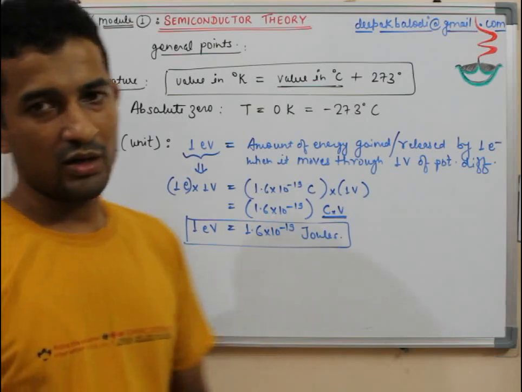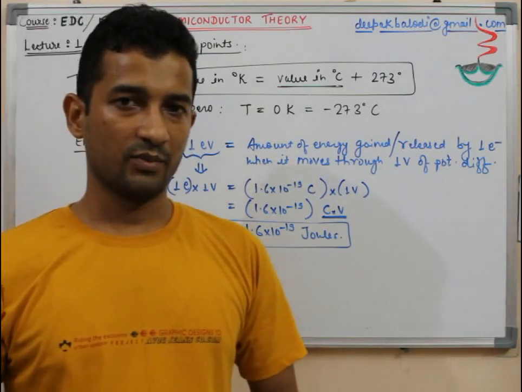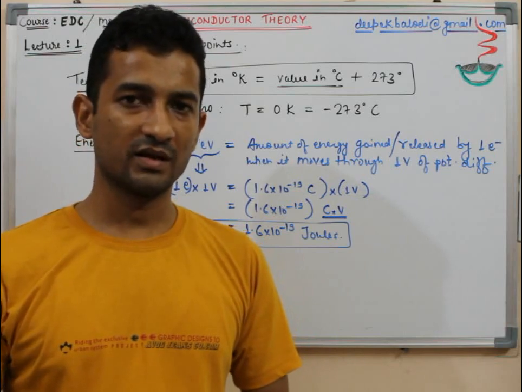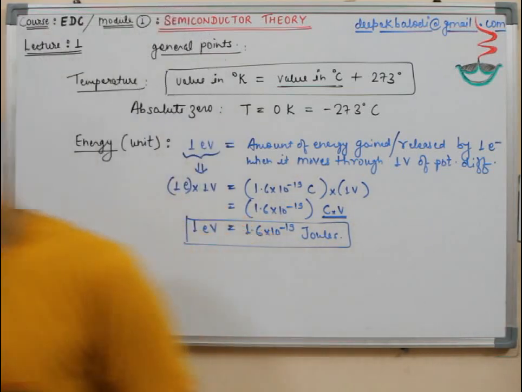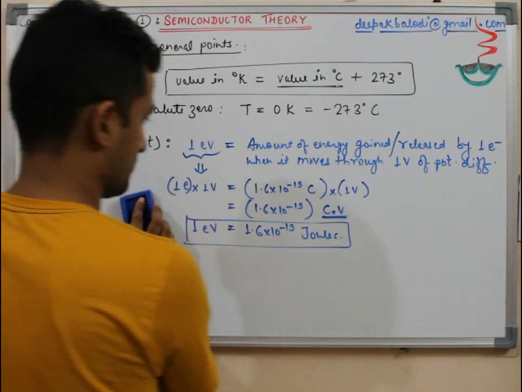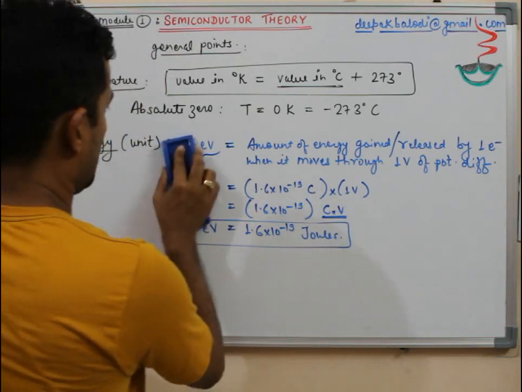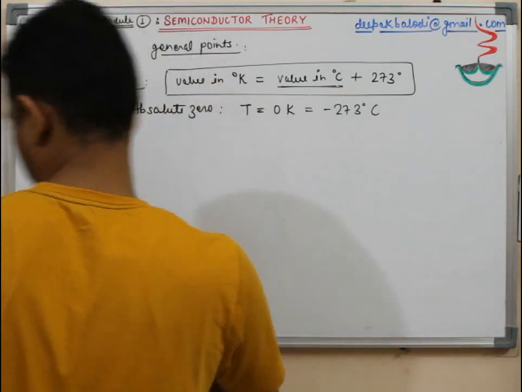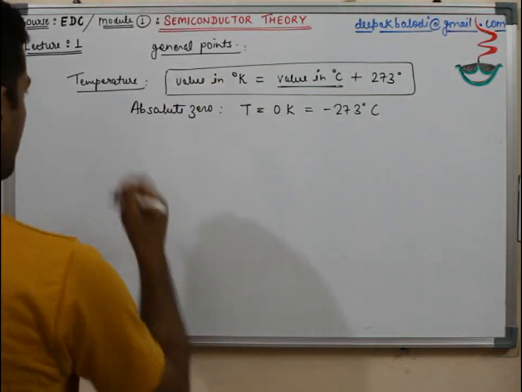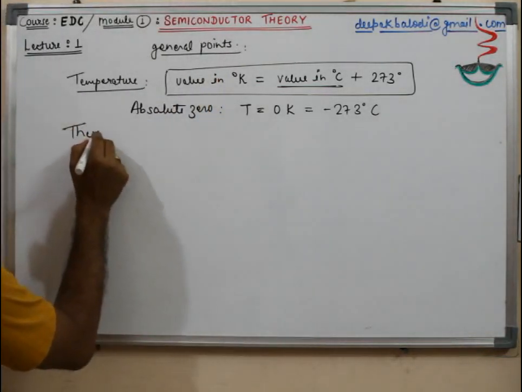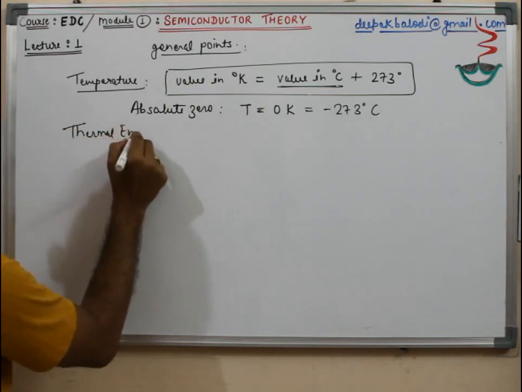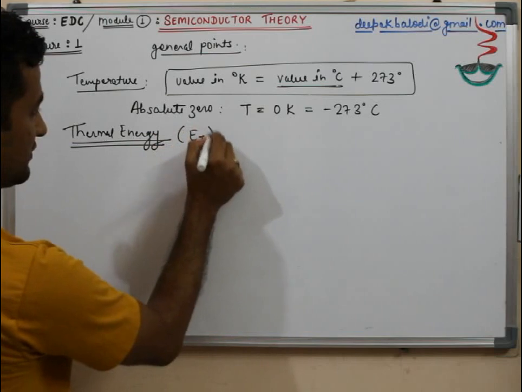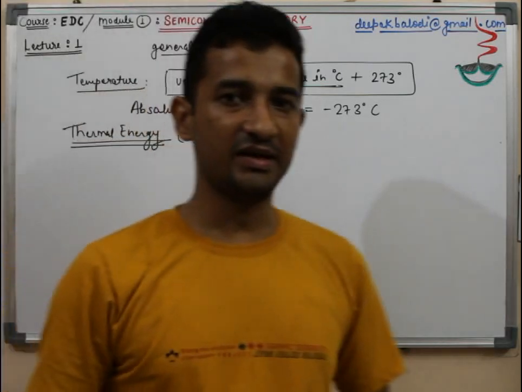Okay, then very quickly we need to define one very important aspect, and that is one special kind of energy, and that is thermal energy. Thermal energy, symbolically we can represent it with ET.